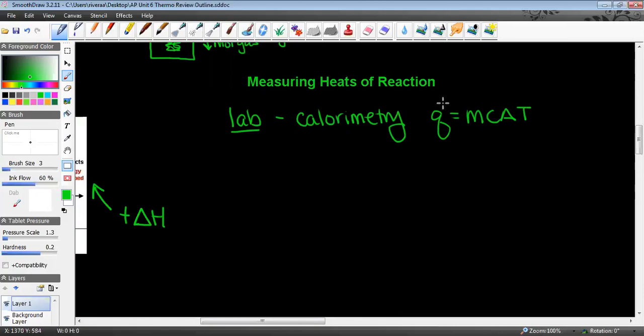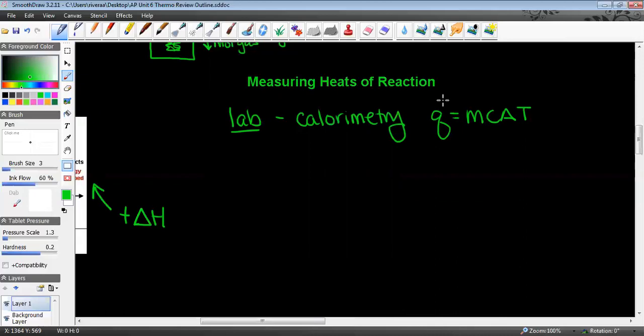Now, remember, the amount of heat you get in a calorimetry measurement is going to depend on how much stuff you reacted. So if I do the reaction with 50 mL of limiting reactant, let's say I'm doing sodium hydroxide and hydrochloric acid, and Shreya uses 100 mL of limiting reactant, she's going to get twice as much heat as I'm going to get in terms of just an absolute magnitude of that number.